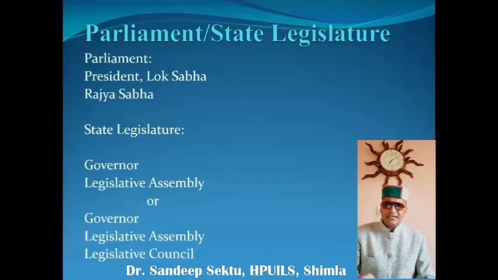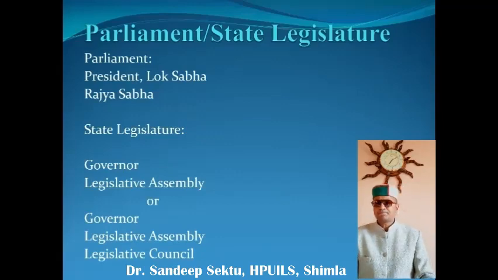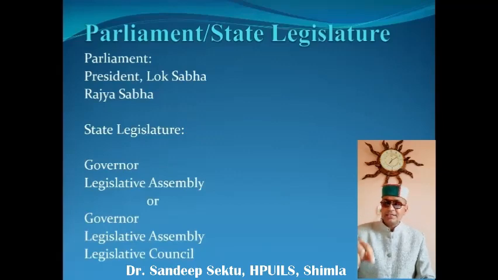In some of the states, we have only one house, the legislative assembly, and then the legislature includes the legislative assembly as well as the governor. But in some states where we have two houses, legislative assembly and legislative council, the term legislature of the state will include the legislative assembly, legislative council, and the governor.